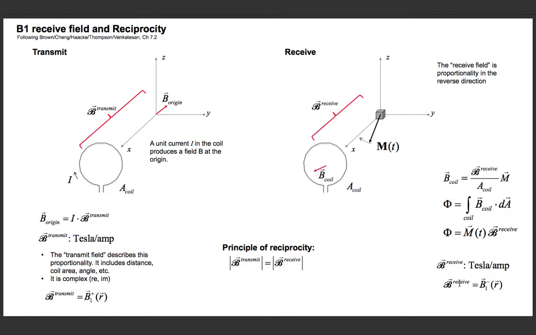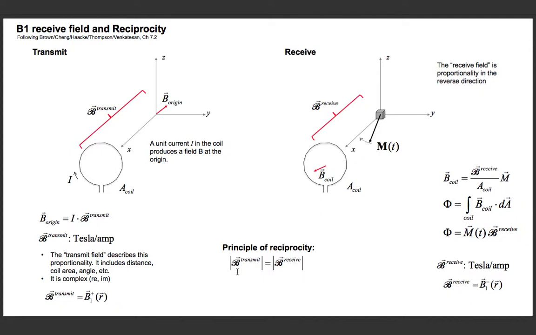Another thing you'll notice, obviously I'm trying to draw a parallel between transmit and receive, and there is a parallel: the principle of reciprocity. Note the magnitude here, the magnitude of the transmit field is equal to the magnitude of the receive field. The phase gets a little complicated, especially when you get to higher fields, but the magnitude is going to remain the same on both.